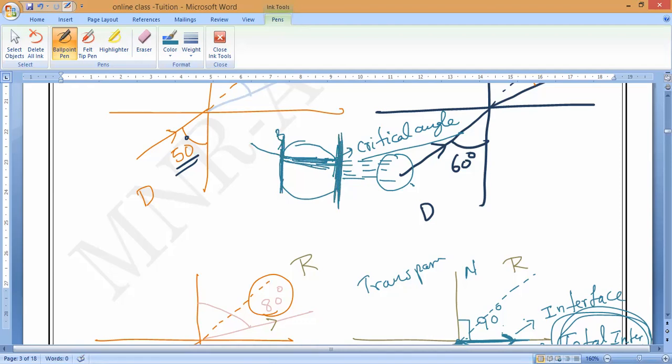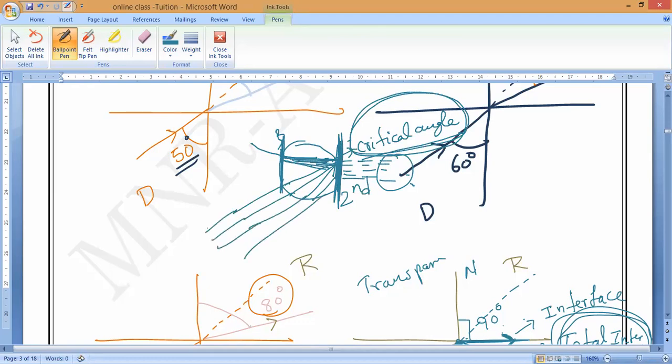The dispersed light falls on the second surface at the critical angle, so that instead of refraction, total internal reflection takes place. Then it reaches our eyes. This is called the formation of a rainbow.